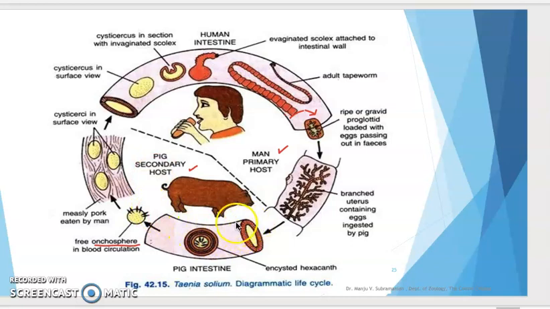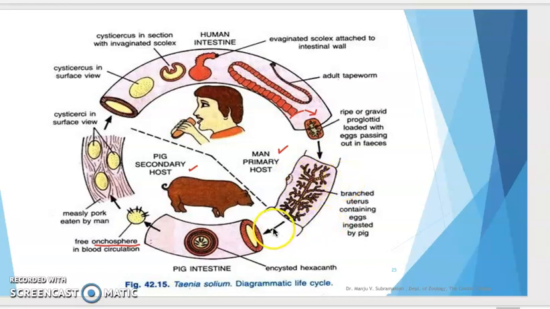When this proglottid reaches the external environment, mainly the soil, the soil will be contaminated with this fecal matter, and in the soil the proglottid and the uterus disintegrate.